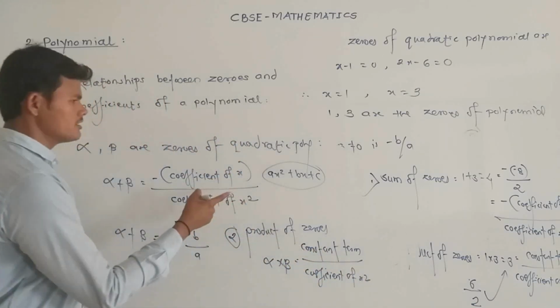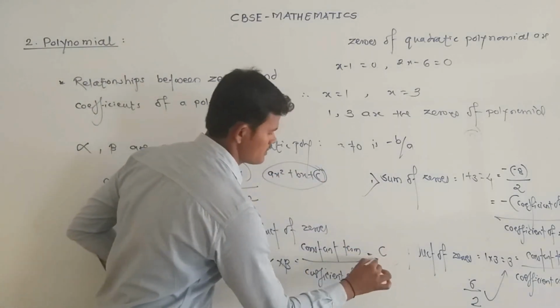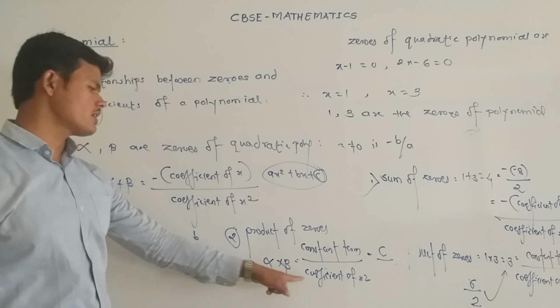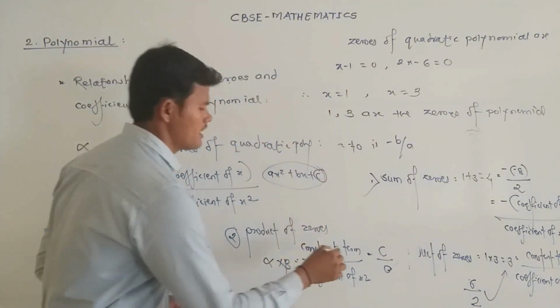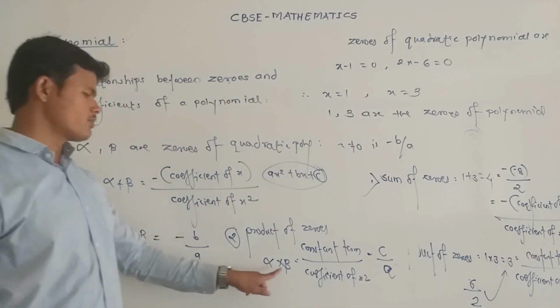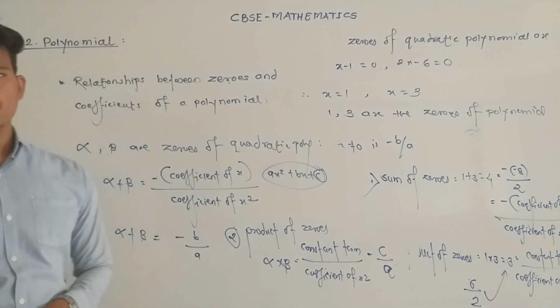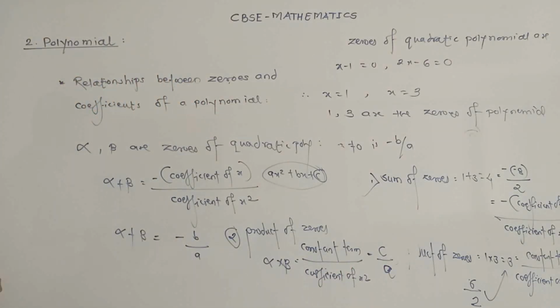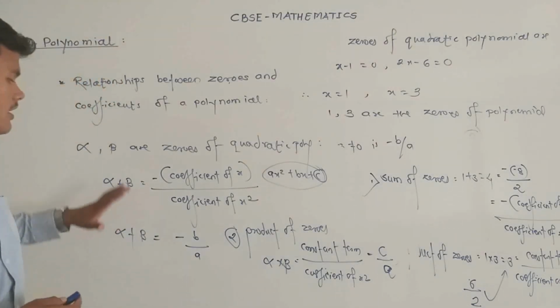The constant term of a quadratic polynomial is nothing but c and the coefficient of x square is nothing but a. So the first relation is the sum of zeros is minus b by a and the product of zeros is c by a. These are the two relationships between zeros and the coefficients of a quadratic polynomial.